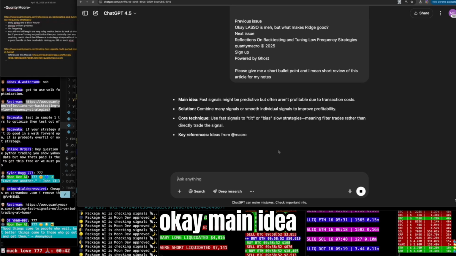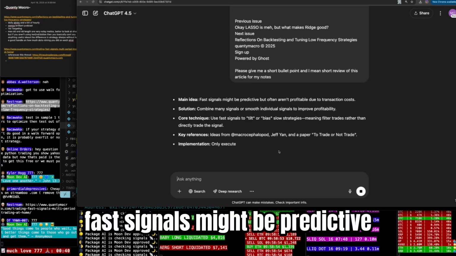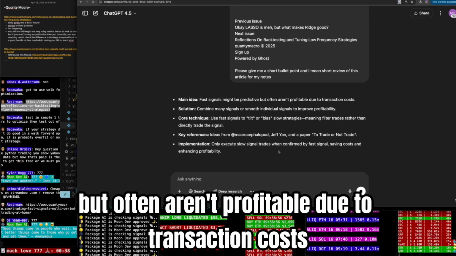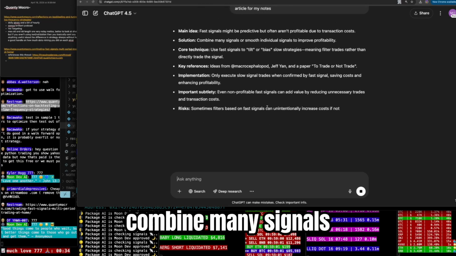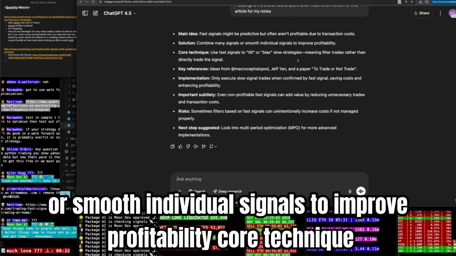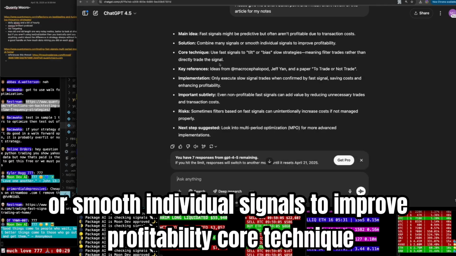Okay. Main idea: fast signals might be predictive, but often aren't profitable due to transaction costs. Solution: combine many signals or smooth individual signals to improve profitability.